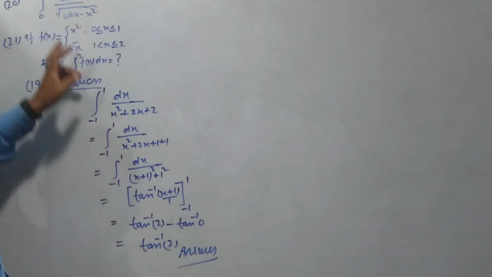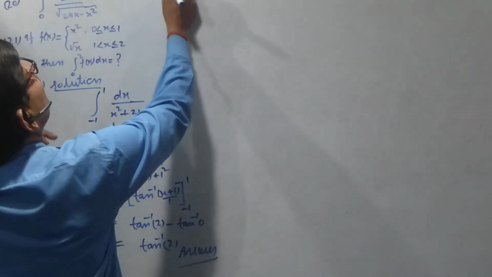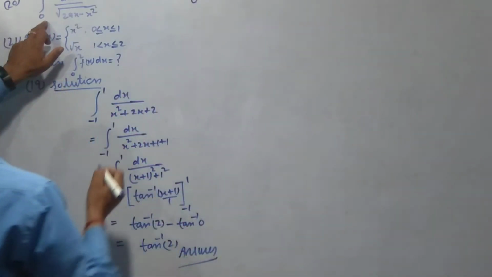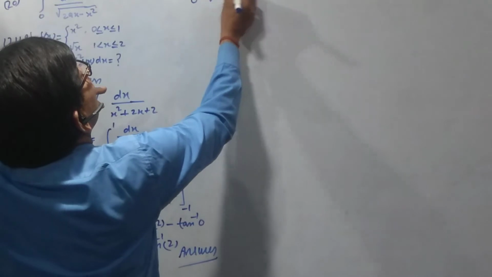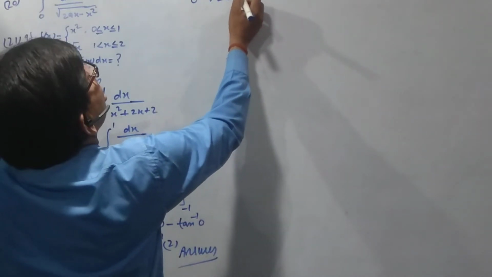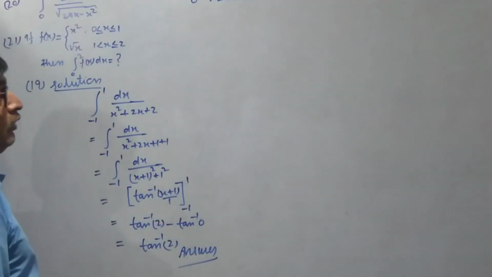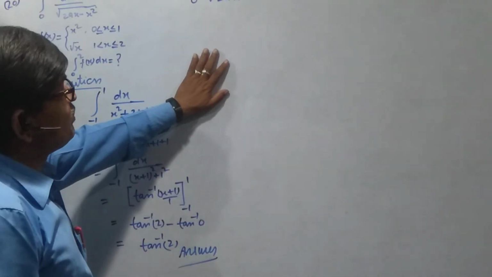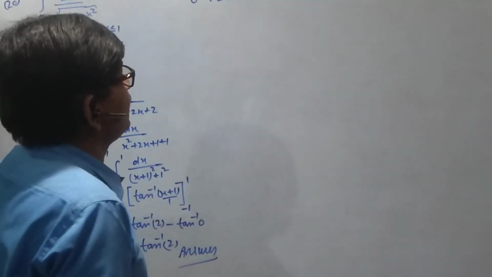Now we take another example, example 20: the integration from 0 to 2a of dx divided by under root of 2ax minus x square. This can be arranged just like the formula for sin inverse x, that is 1 by root of 1 minus x square.